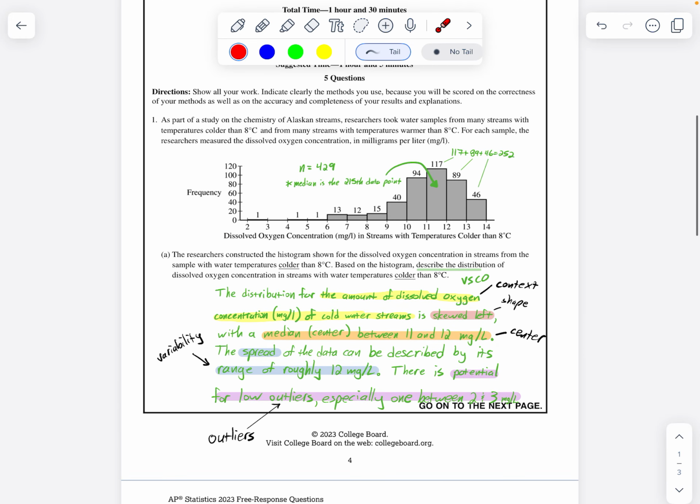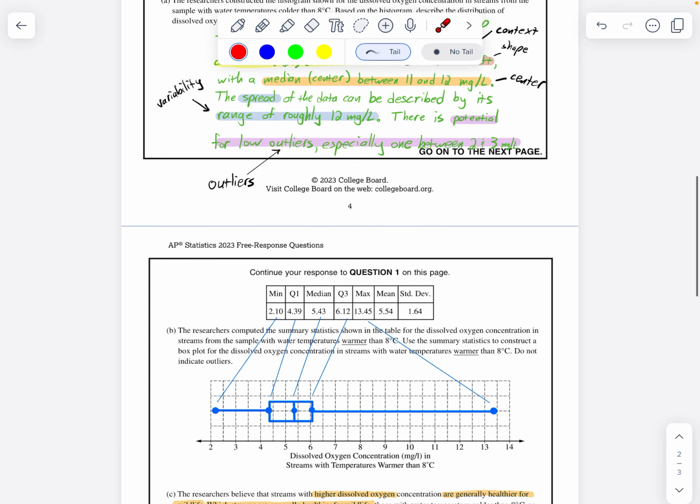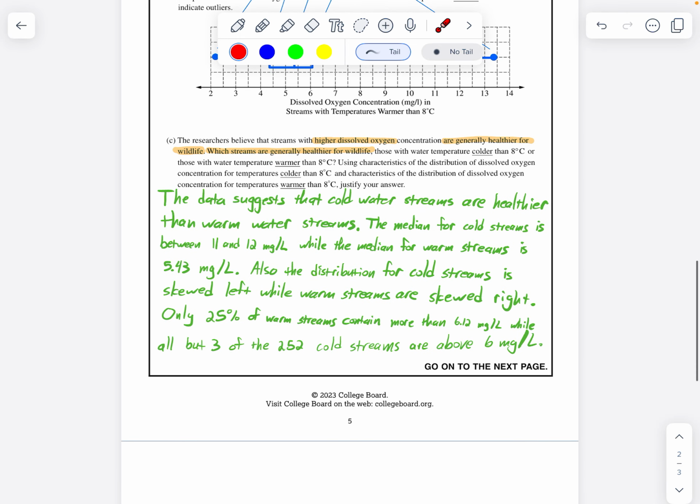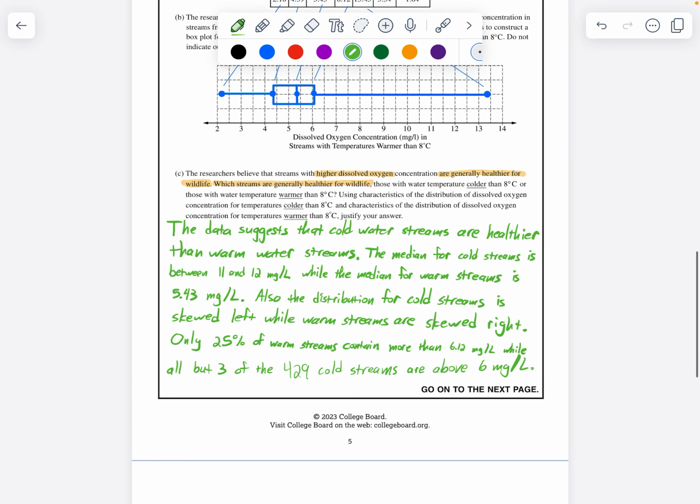Almost all of them. There are only 1, 2, 3 streams total out of 429 that are lower than 6. I gotta fix this. This is 429. Which is amazing when you think about it. So that's your first FRQ, folks. Not so bad.